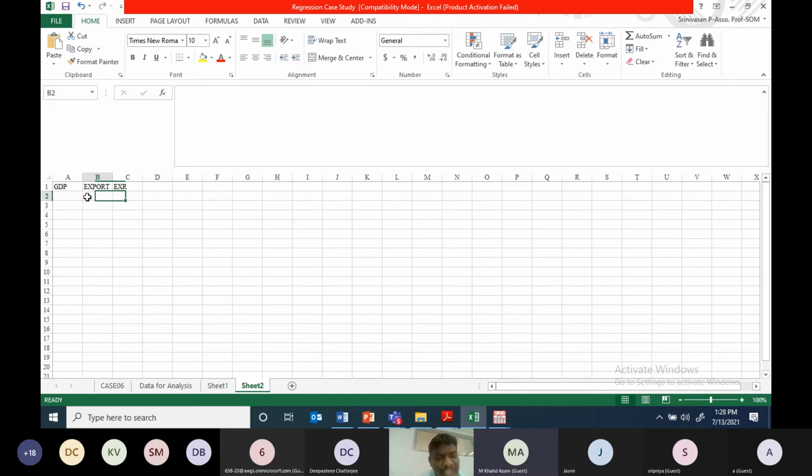Now, if I found the export and exchange rate are correlated, I should think of how to convert this export. How to convert?